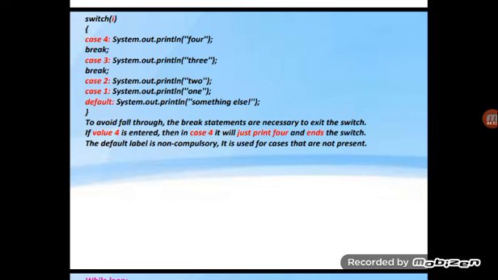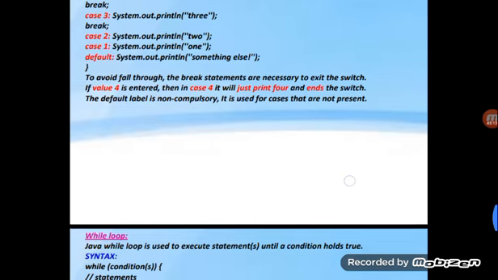If it is 4, it will be printed, otherwise 3 will be printed. Each value is checked one by one with break, and after that the default value: if no case matches, then something else will be printed.